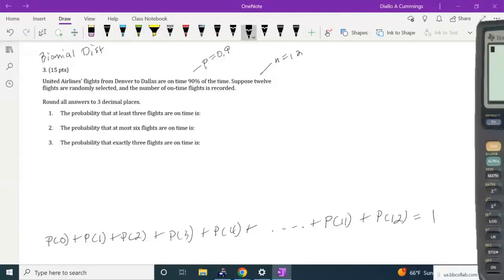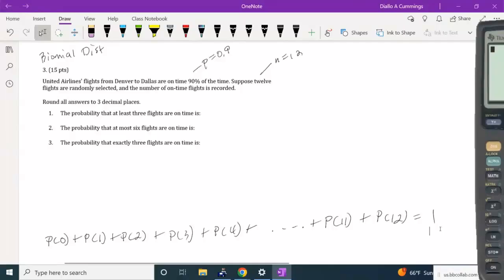And if you add up all of those probabilities, they should equal 1. Right? So actually what I'm writing out here is the probability of no flights on time plus the probability of 1 flight plus 2 plus 3 all the way to 12. Since this is a probability distribution, all of these probabilities must sum up to give us a 1.